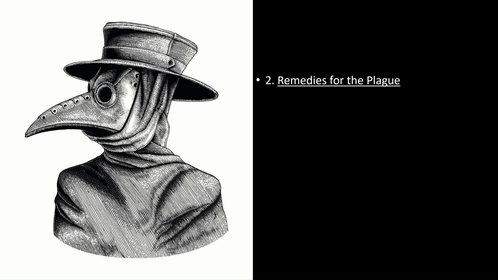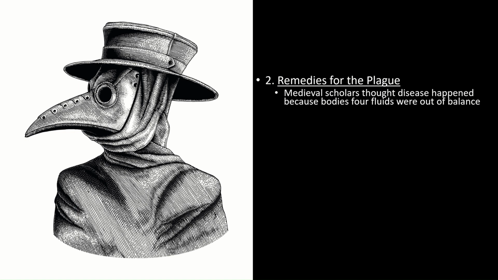All right, guys. So, you guys have probably seen this, a plague doctor. We'll talk about that guy in a second, all right? But medieval scholars thought that disease happened because our bodies had what they called the four humors. When they looked at a body, they saw four different kinds of liquid coming out of a body, and they called it bile, they called it blood, water.